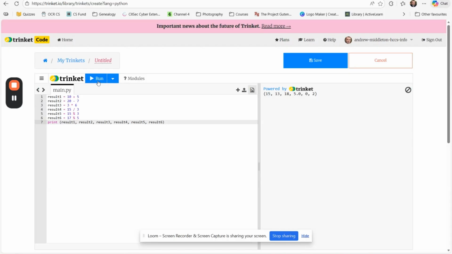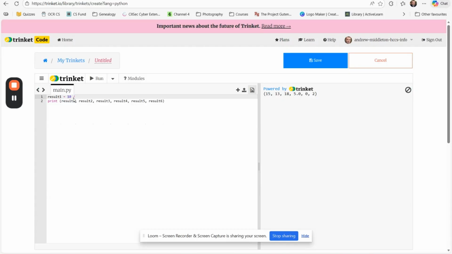Well, let's investigate that and play with it a little bit further. So if I go 10 divided by 2, and I'm going to keep these the same now, result2 is instead 10 divided by 2, double slash.